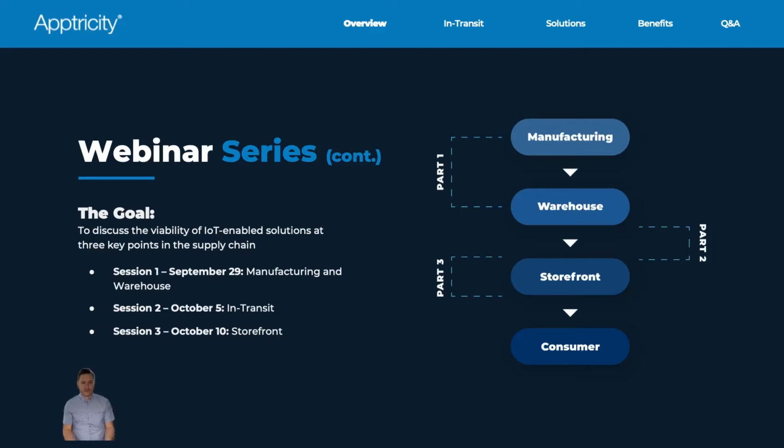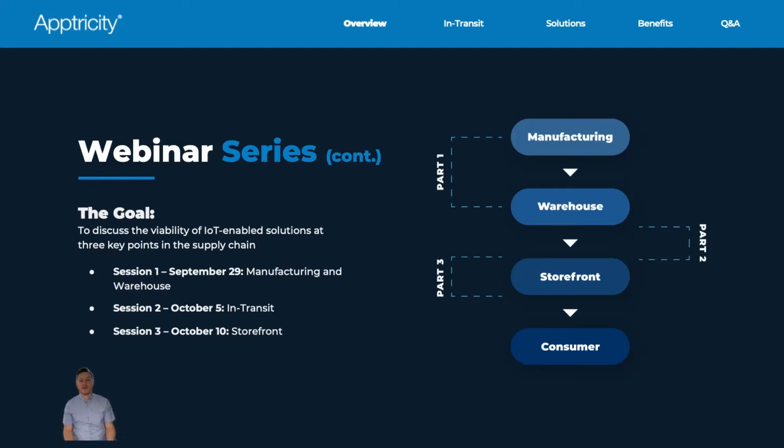And then it gets to the storefront, and then it ultimately ends up in the hands of the consumer. And then we look at the in-between space, the part two, highlighting that in-between space that represents the travel between different points of emphasis or different stopping points in your supply chain.